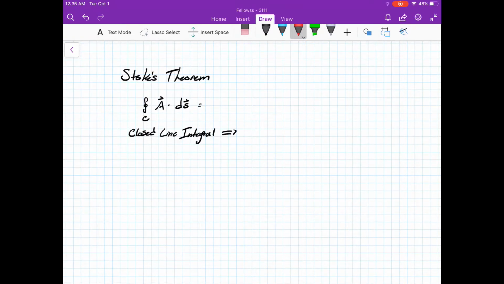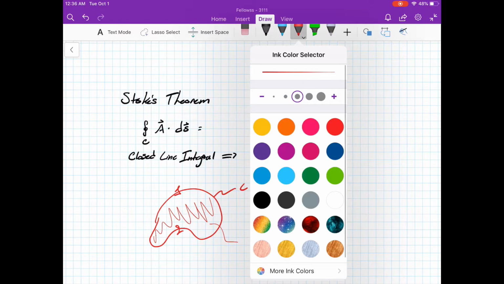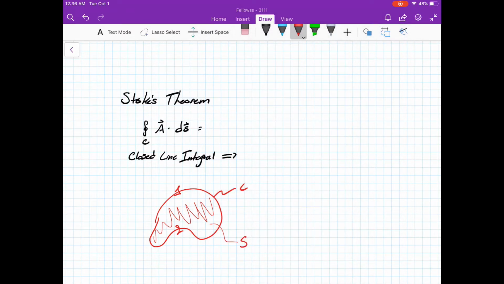Next, we'll talk about Stokes' theorem, right? And with Stokes' theorem, we're doing a similar thing. We're going from a closed line integral, right? So this is something like this. Oops, that's the wrong direction. Something like this, right? This is some curve C, and it contains this surface S, right?